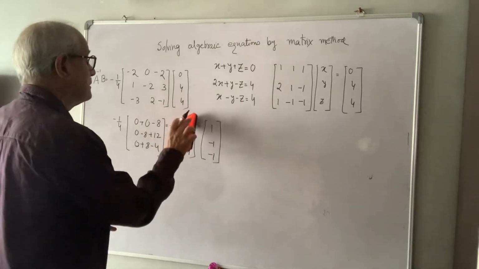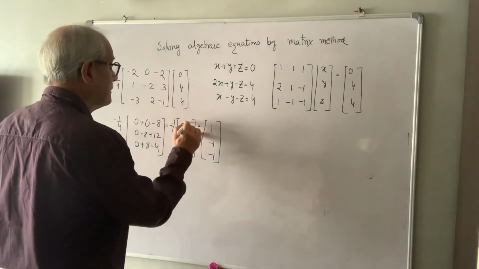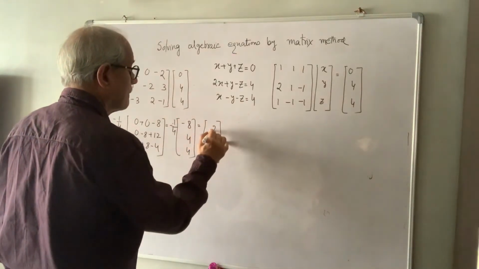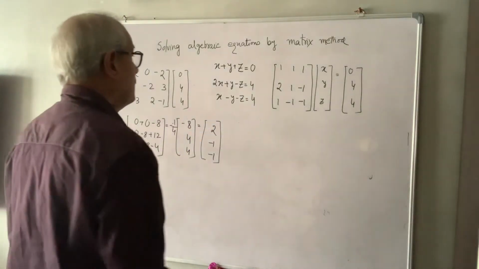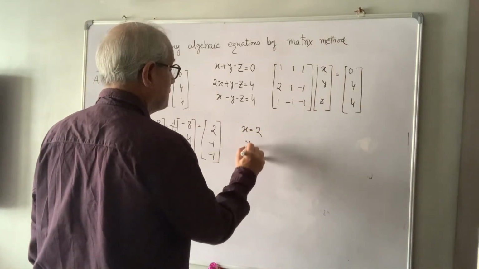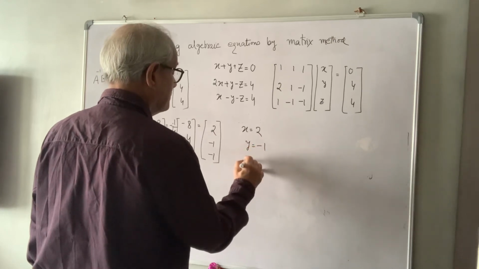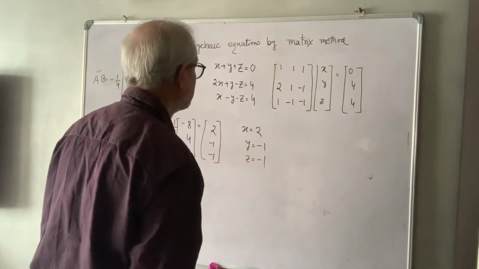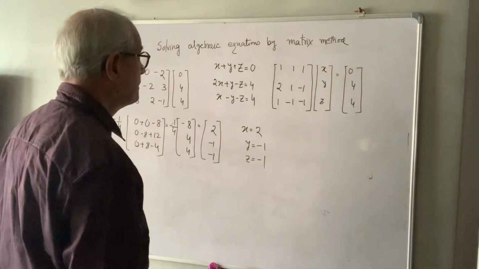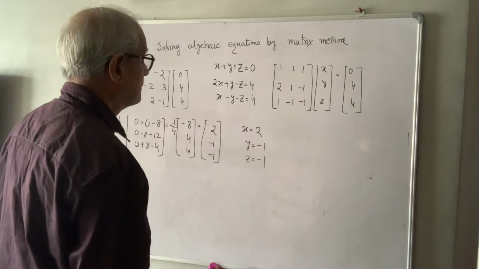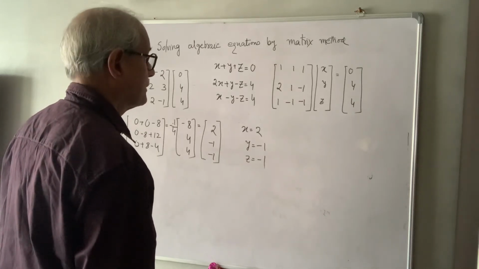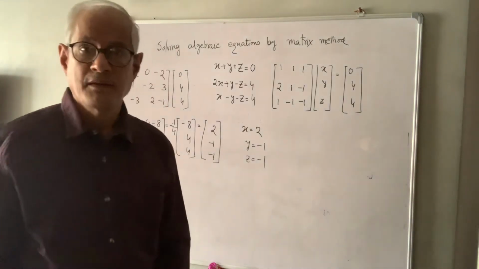Not that, this is 8. So we get 2. Sorry. So we get x is equal to 2, y is equal to minus 1, and z is equal to minus 1. We can verify this by putting these into the equations. That is 4 plus 1 minus 1. Okay. Thank you.